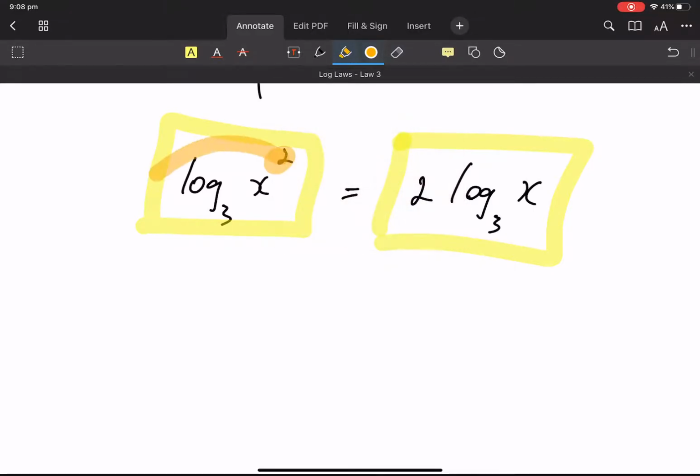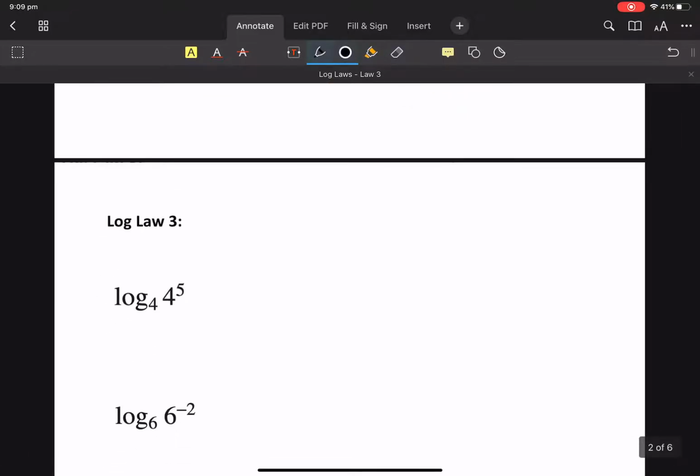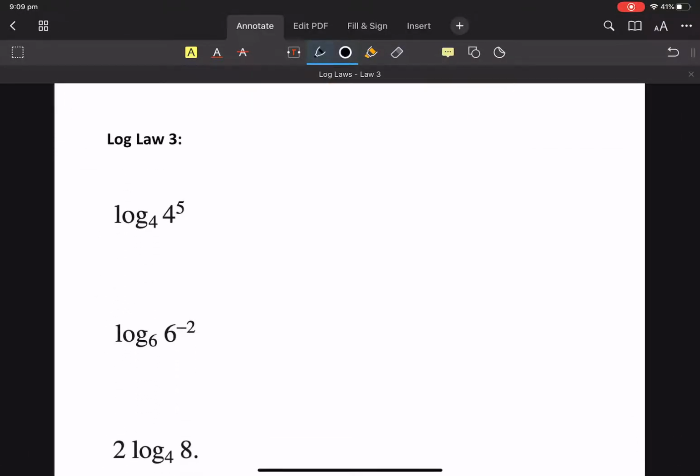This 2 can come down the front, or guess what? I can take that 2 up there as well. We need to go both ways, and you'll see. But let's just have a bit of a look at that. So when I say calculate that, what I can do is take that 5 and put it down the front, which is 5 times log 4 of 4.